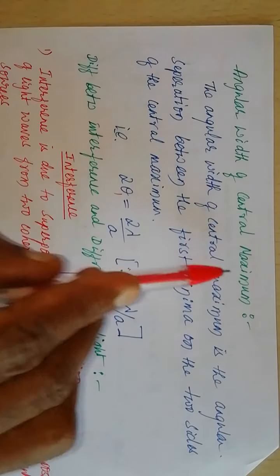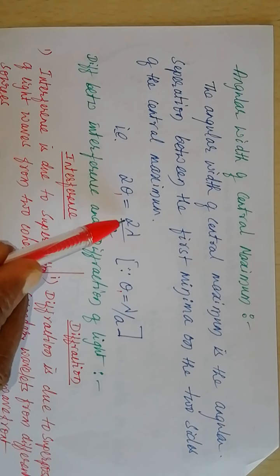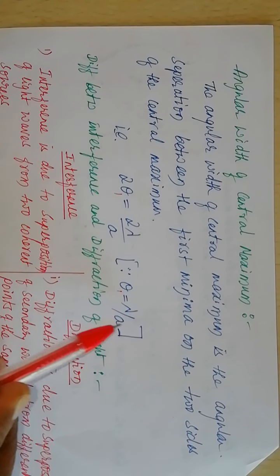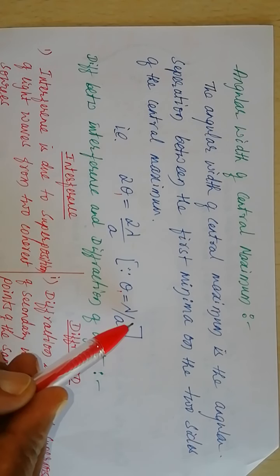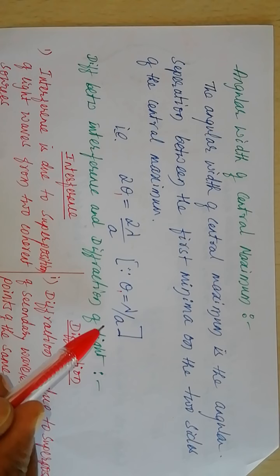So angular width of central maximum is 2 theta 1, which is 2 lambda by a, since theta 1 is the ratio of wavelength of light to the width of the rectangular slit through which the diffraction phenomena of light takes place.